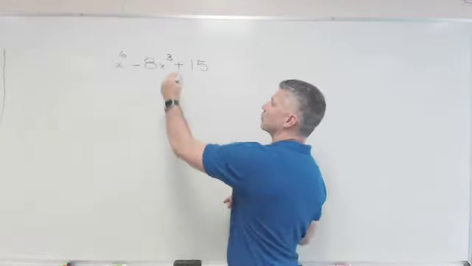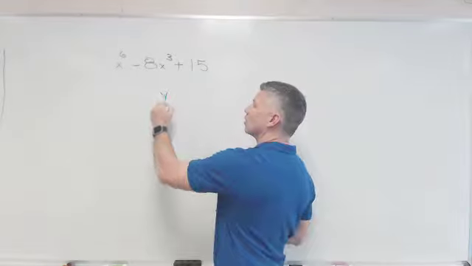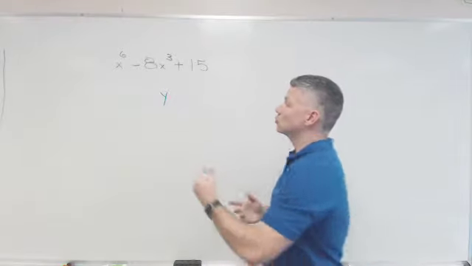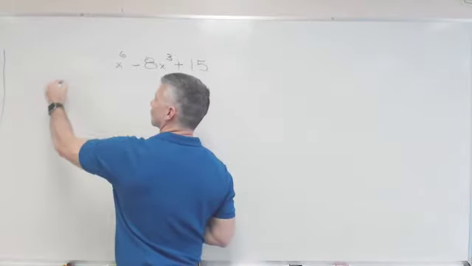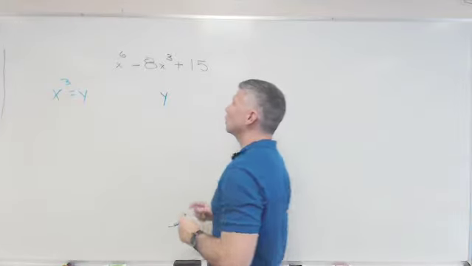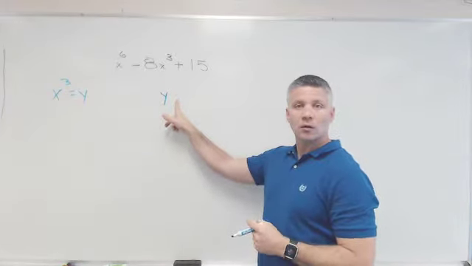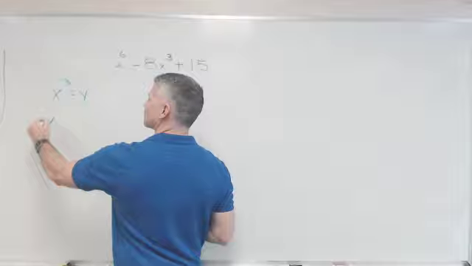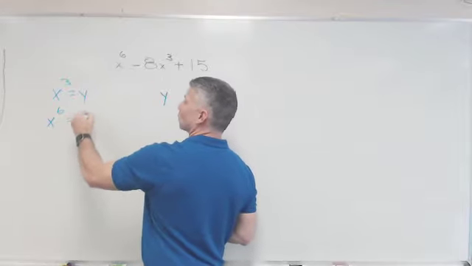We would much prefer this to just be a y. So let's substitute and say, well, I'm just going to say that x cubed equals y. Well, if that's true, then what is x to the 6th? Well, that's y squared.